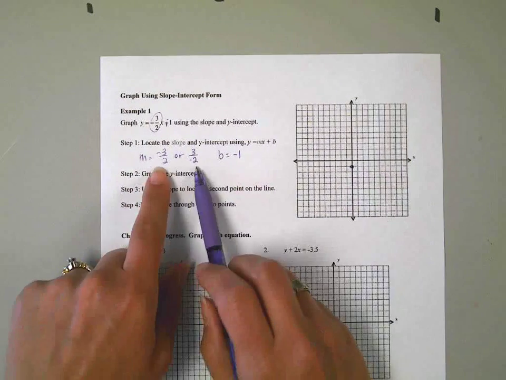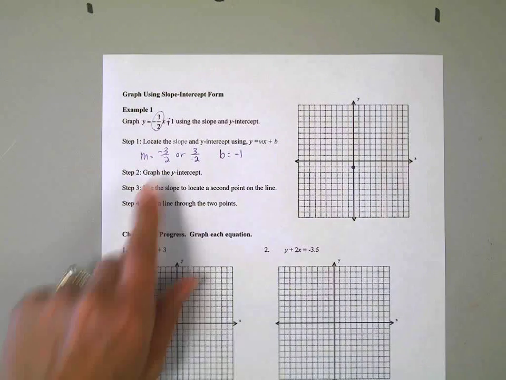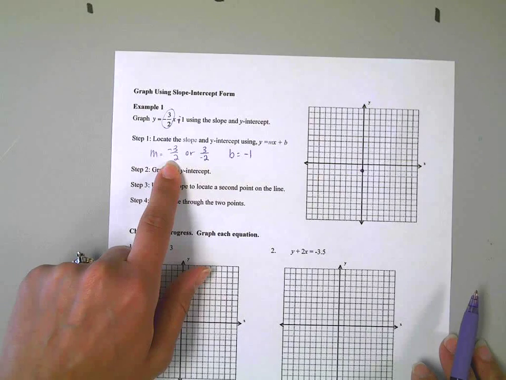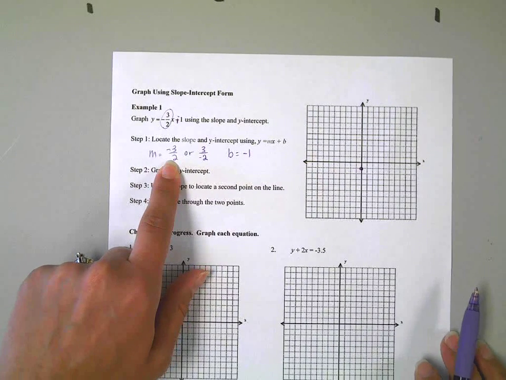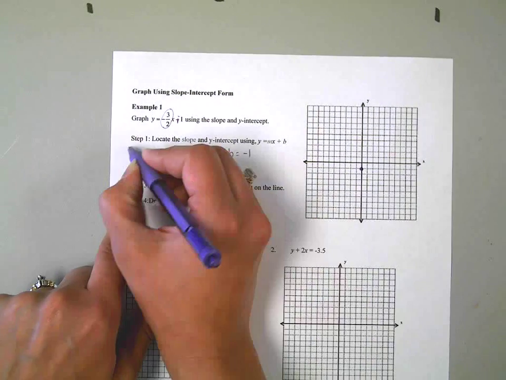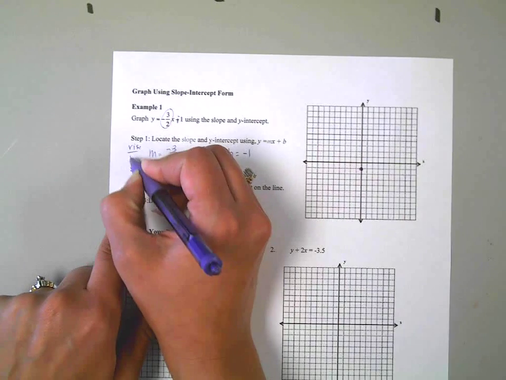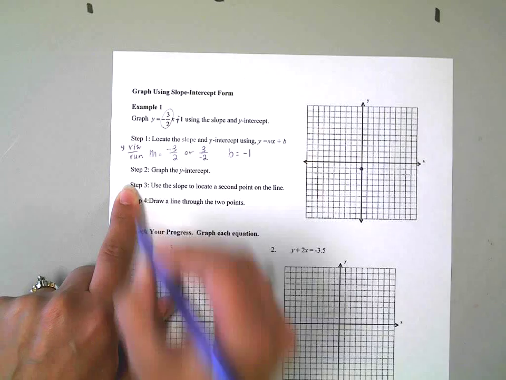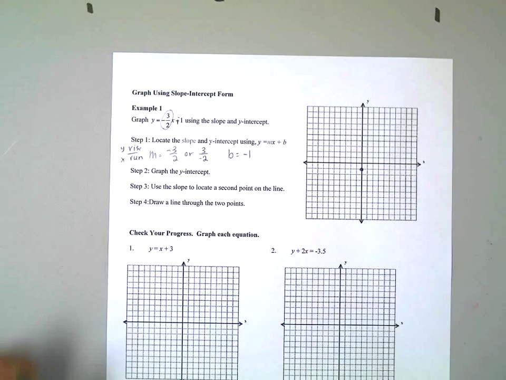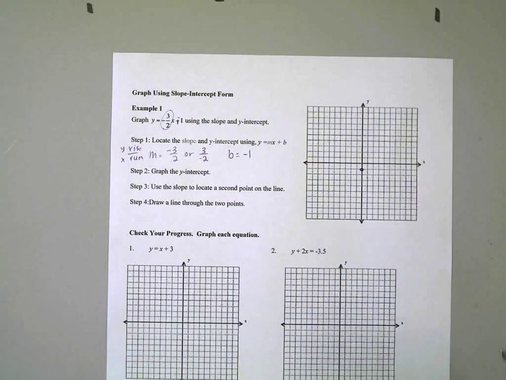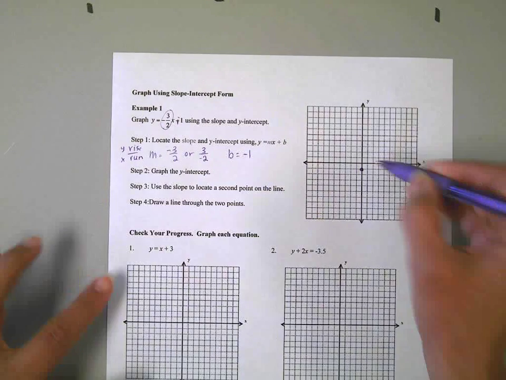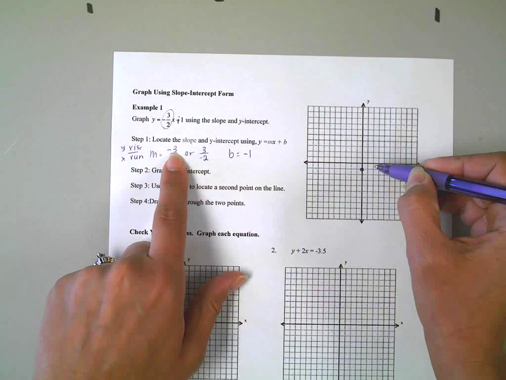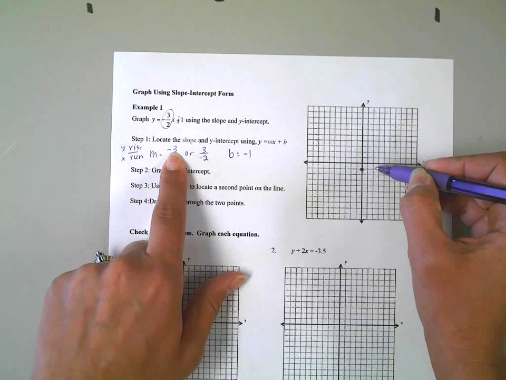This is where the negatives become important. So let's start with -3/2. Remember, slope is rise over run, and rise represents the y and run represents the x, or the vertical and the horizontal.